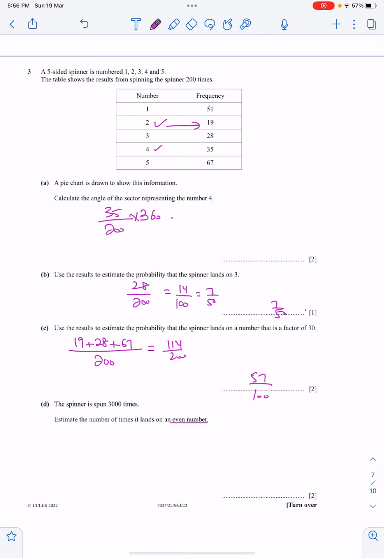So you have to take 19 and 35 divided by the total frequency, which is 200, multiplied by 3000 and simplified. 19 plus 35 is 54 upon 200 multiplied by 3000. 810 is the answer. That means out of 3000 times, 810 times you will get an even number.